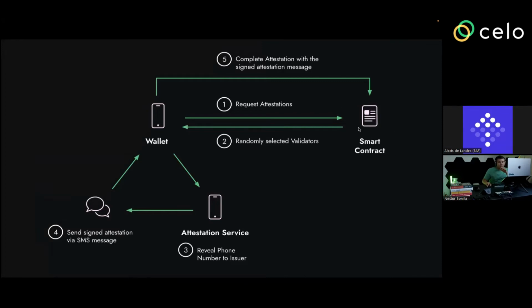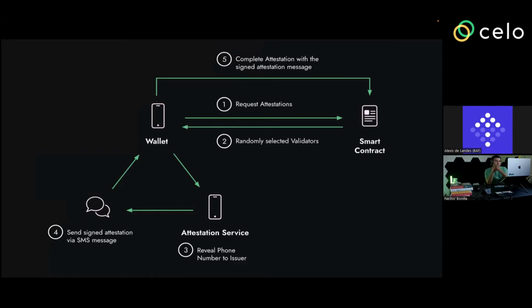That smart contract will select randomly a couple of validators. Then the attestation service is going to reveal the phone number to the issuer, which means the Web 2 implementation, let's say Twilio, for instance, and it's going to be revealed just in that part.